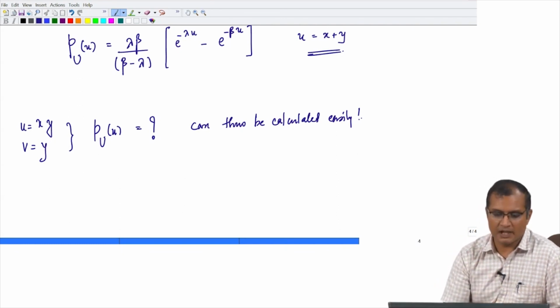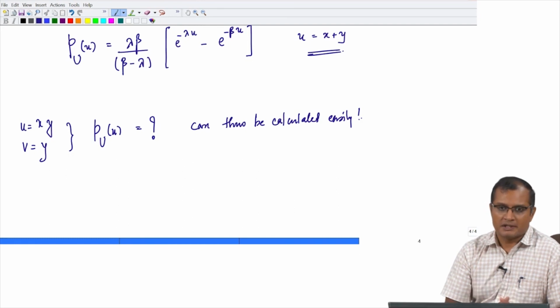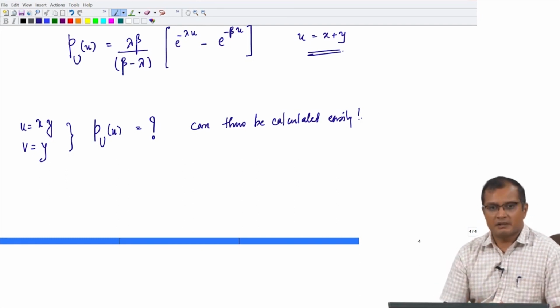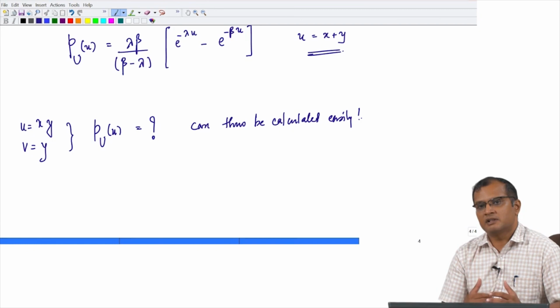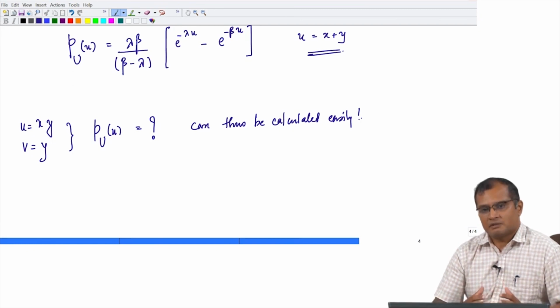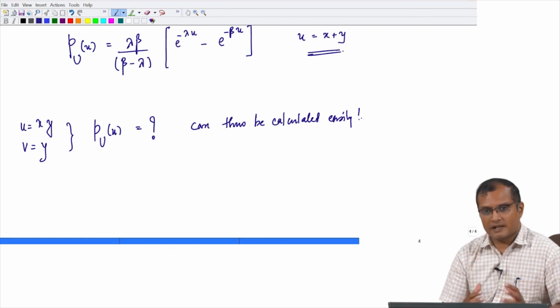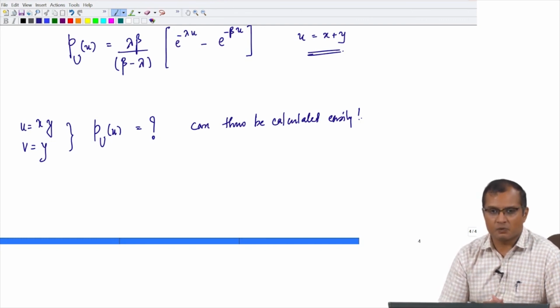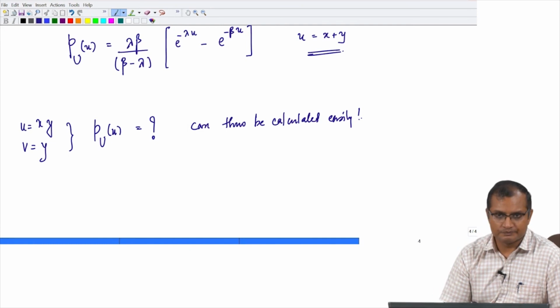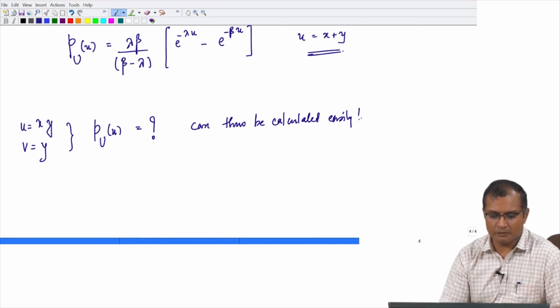In this case, we had to ensure that v is not independently moving, it is moving keeping in mind the constraint that the sum x plus y is always fixed to u. So, that needs to be properly taken care of.